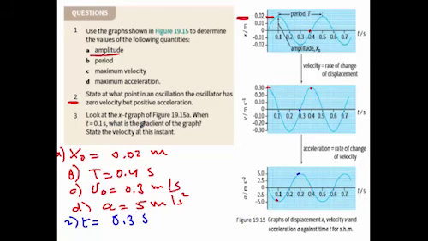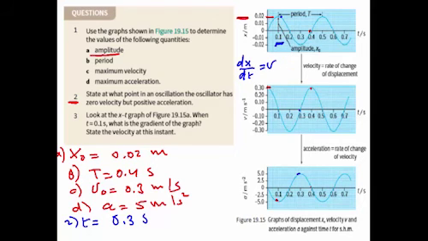Look at the x-t graph here. When t equals 0.1, what is the gradient of the graph? You know that the gradient of the graph means the slope, dx over dt. So the gradient should give us the value of velocity.